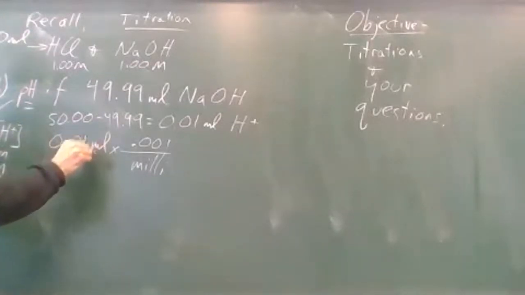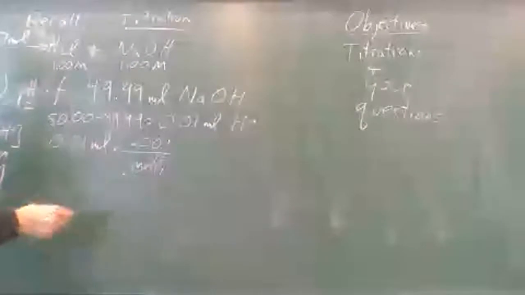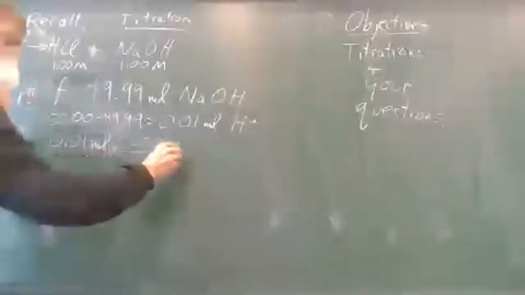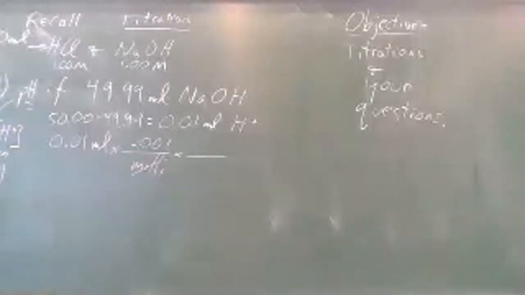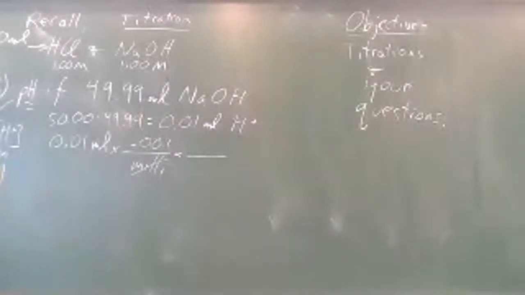That gets rid of the milli part of the milliliters, so I end up with just liters. All right, how can I get it to moles now? What can I multiply by to get this to moles? I've got rid of the milli, so I have liters. I want to get to moles.